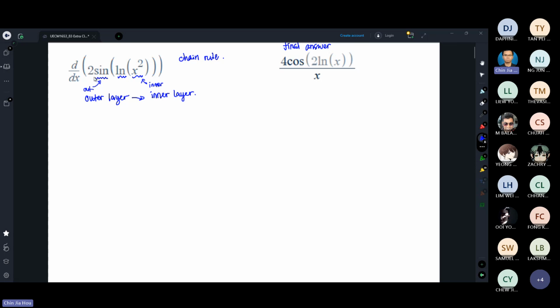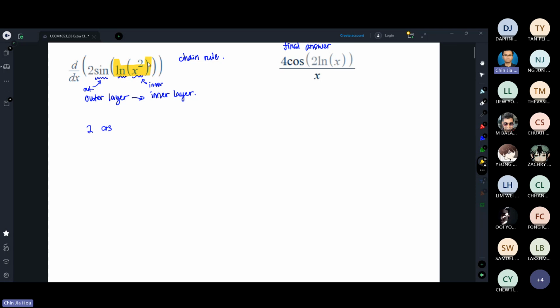If we differentiate sine, what do we get? We still write the 2, which is just a constant, so don't bother about it during the differentiation. So 2 sine, if we differentiate, we get cosine, cos. And then you write whatever is inside this sine.